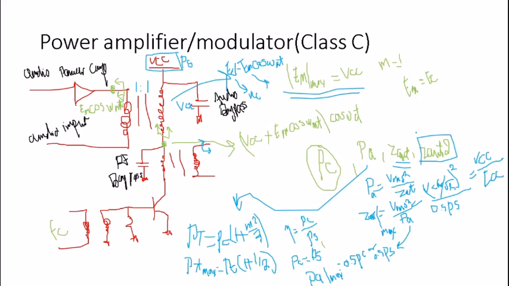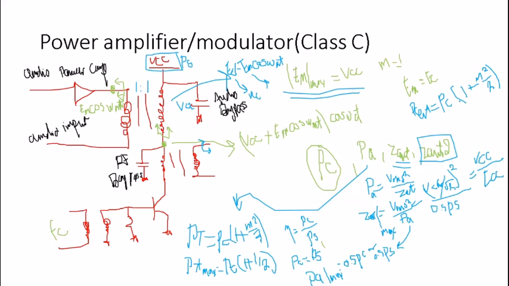First, we need to consider that the power of the output equals the power of the carrier multiplied by 1 plus m squared over 2.